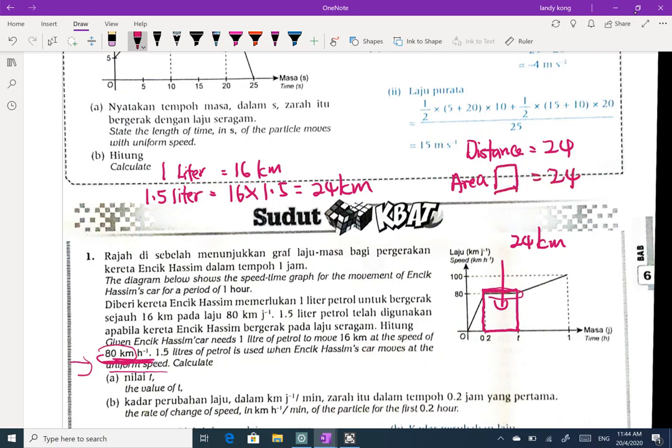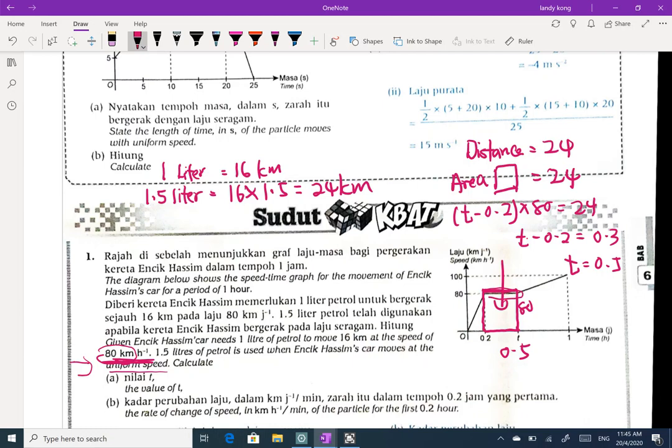So this one is t minus 0.2 times 80 equal to 24. So t minus 0.2 equal to 24 divided by 80, you get 0.3. So t is 0.5.